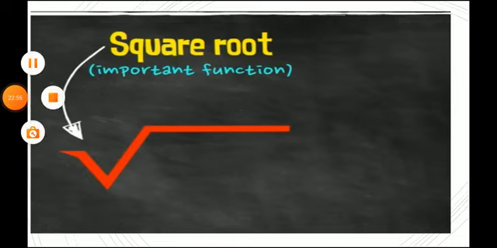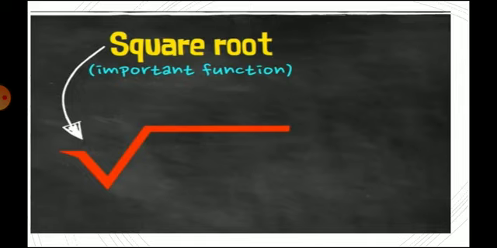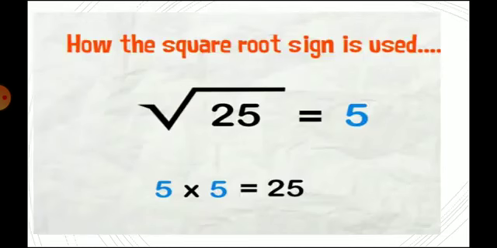So next we move to square root. This is a very important function to find the square root value. We can use this symbol to find the square root. So how is the square root sign used?